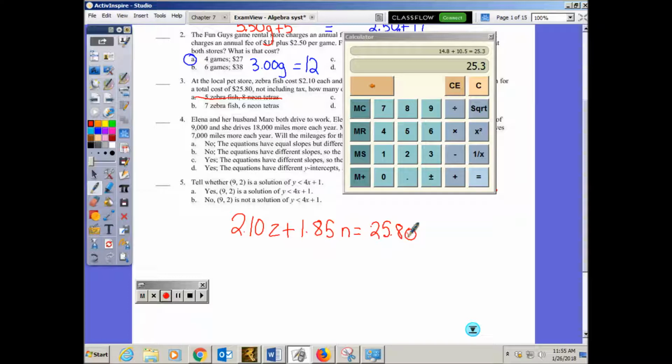So 7 zebra fish cost $14.70, and 6 neon tetras cost $11.10. Did I just find my answer? Yeah.